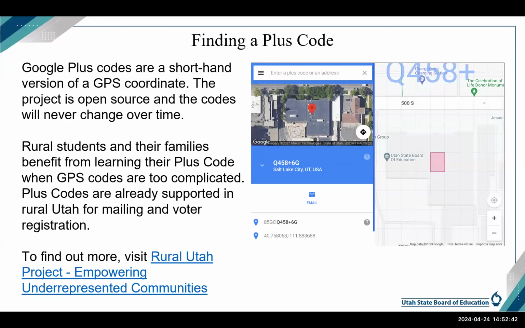There's also plenty of reverse lookups, and a lot of open source information about this. The Google Plus codes will never change over time. So there's no risk of, what if they stop supporting it? What if anything goes away? It's a permanent allocation of space and sizing.